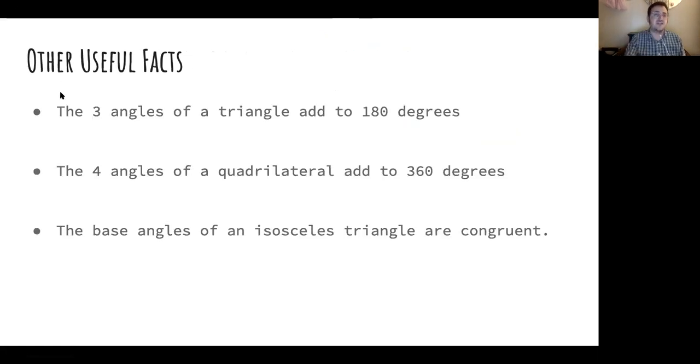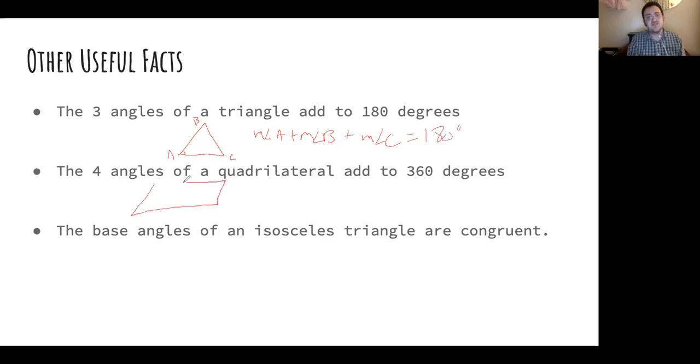Other useful facts. One thing that we can use is that the three angles of a triangle are 180 degrees. So I could say ABC. I could say that the measure of angle A plus the measure of angle B plus the measure of angle C equals 180.